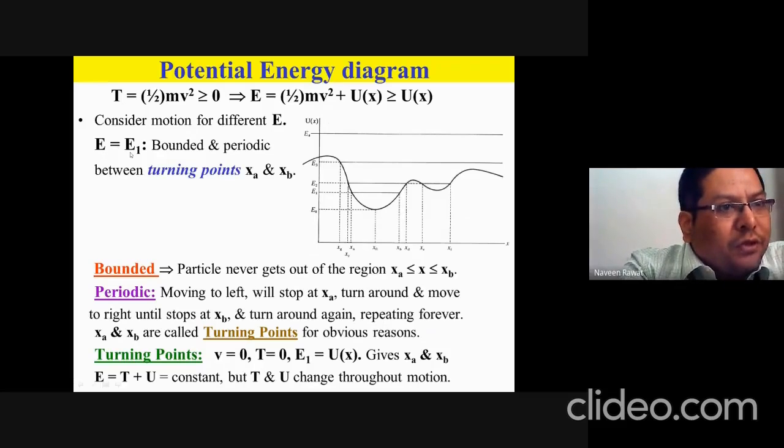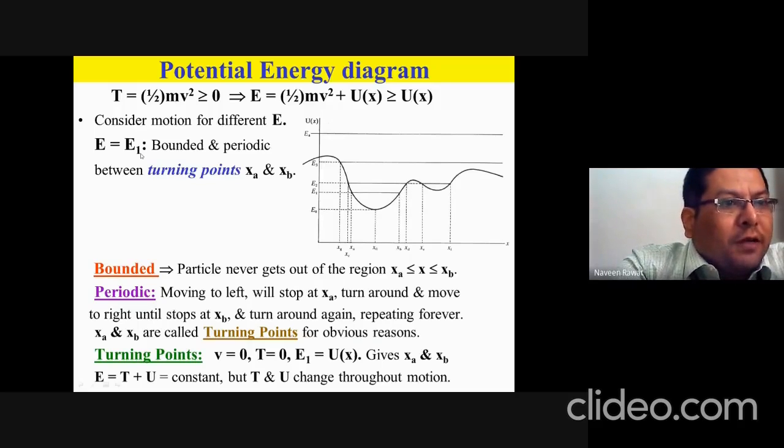In the curve, E1 is this point right here, given by xA, and if you note clearly, even at xB the value is E1. So there are two possible positions where the energy of the particle can be E1.